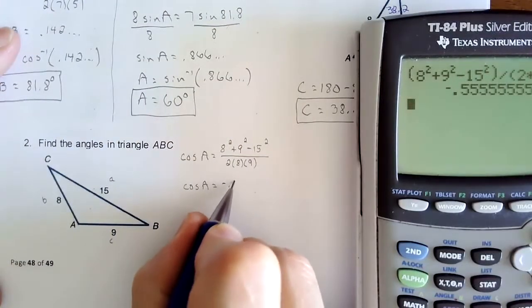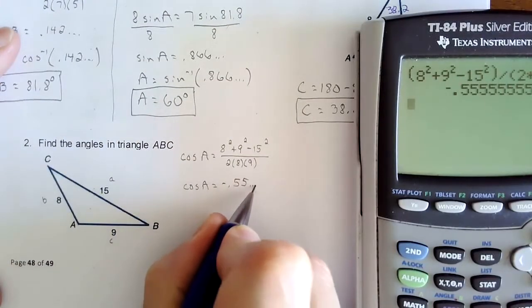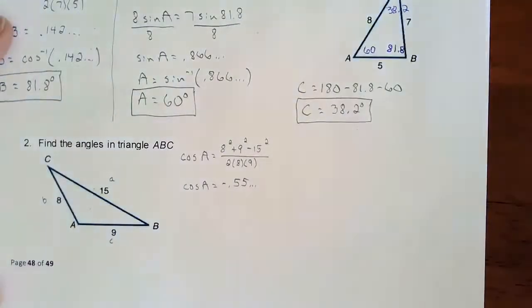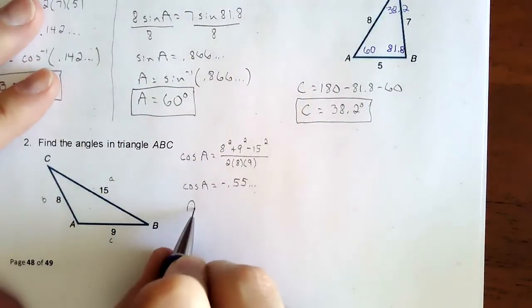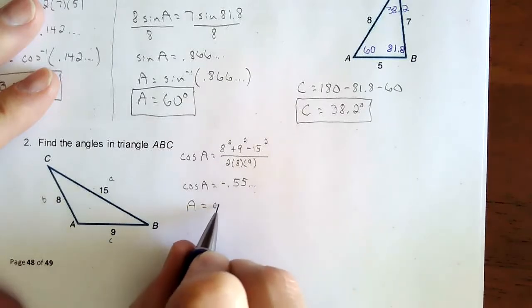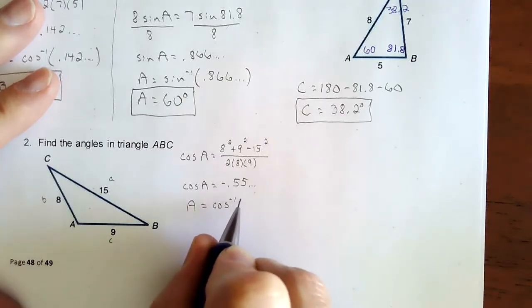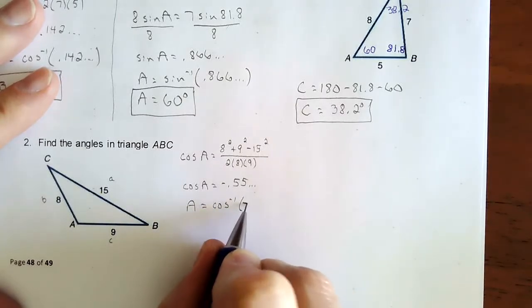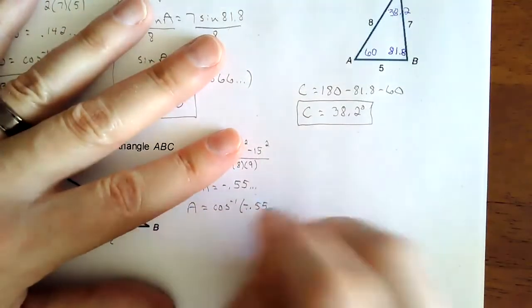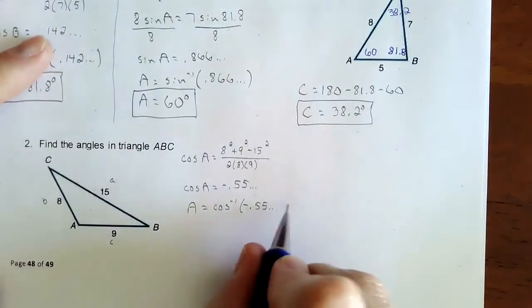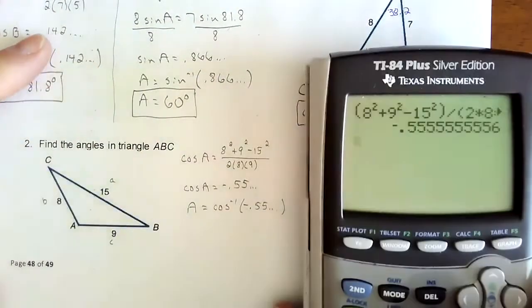All right, but I want to keep all those values, so I'm just going to put some dots on there to show that I'm keeping the whole thing. To finish this, I need to do the inverse cosine. That's the only way I can get an angle measurement. So the inverse cosine, which is the blue one, of that negative 0.555 decimal, and the calculator is going to spit that answer out for me.